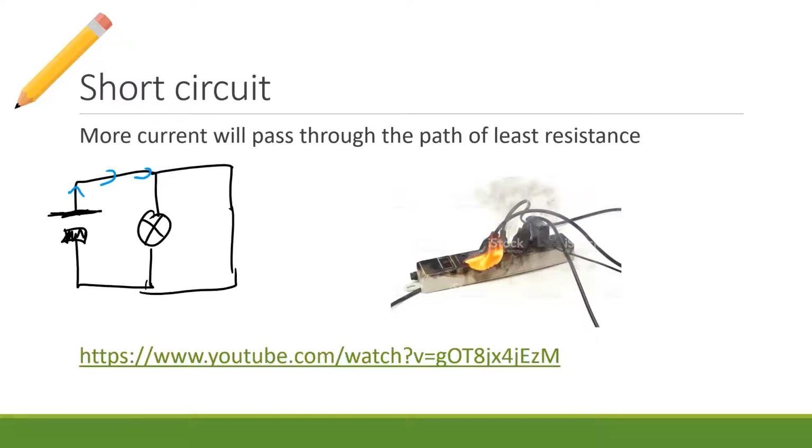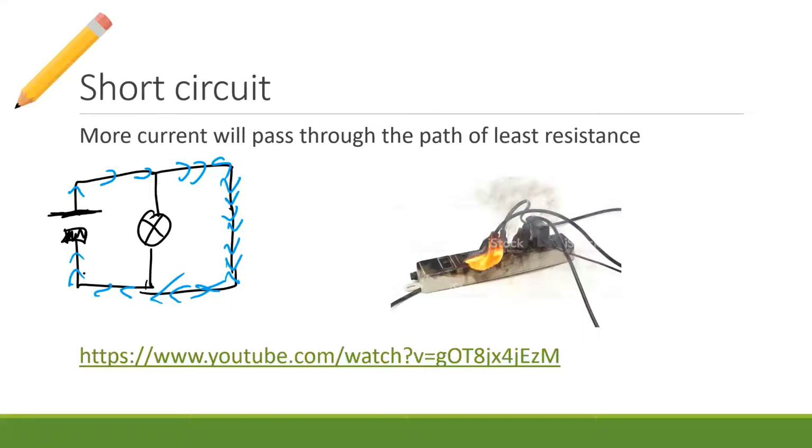Or would I instead like to go down this branch that has absolutely nothing in it at all? Well, the current's going to go down this side here that has nothing on it. And that's exactly what the current does. That's what we call a short circuit.